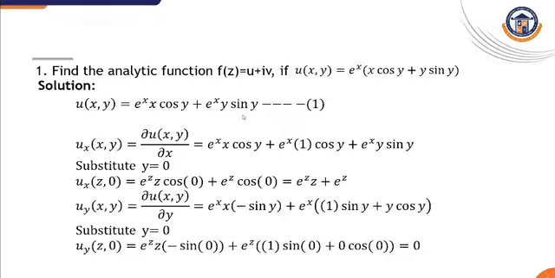Now we substitute y equal to 0 and replace x by z: e power z into z into minus sin 0, and sin 0 is 0, cos 0 into y is 0. So the entire term, dou u by dou y, becomes 0.